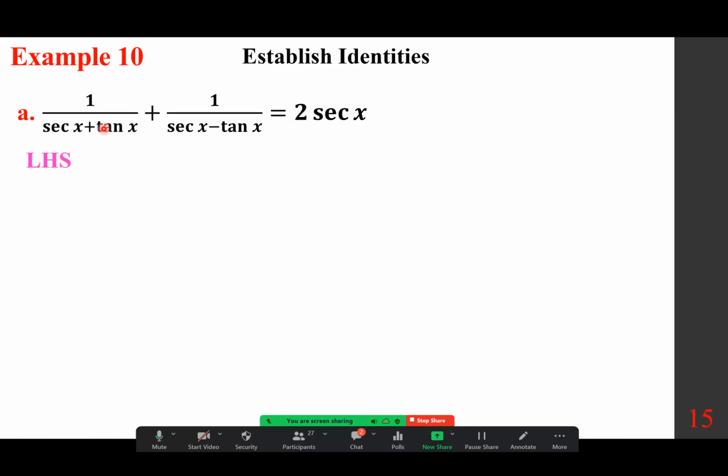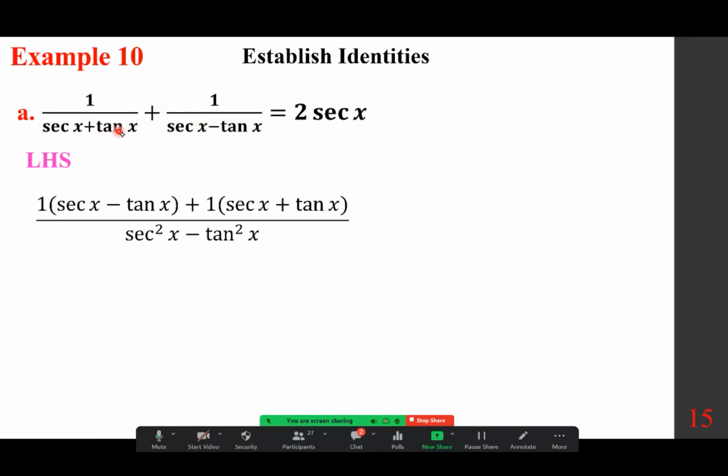When we do that, the product of the two is the LCD, secant x plus tan x times secant x minus tan x. So the LCD is secant squared minus tan squared. Now 1 times secant x minus tan x plus 1 times secant x plus tan x is the numerator. So we are just taking the common denominator.